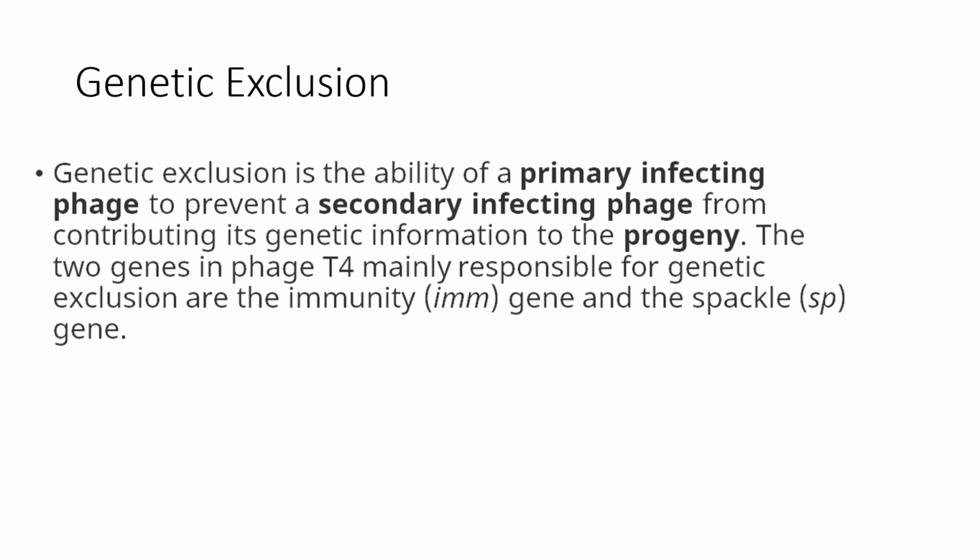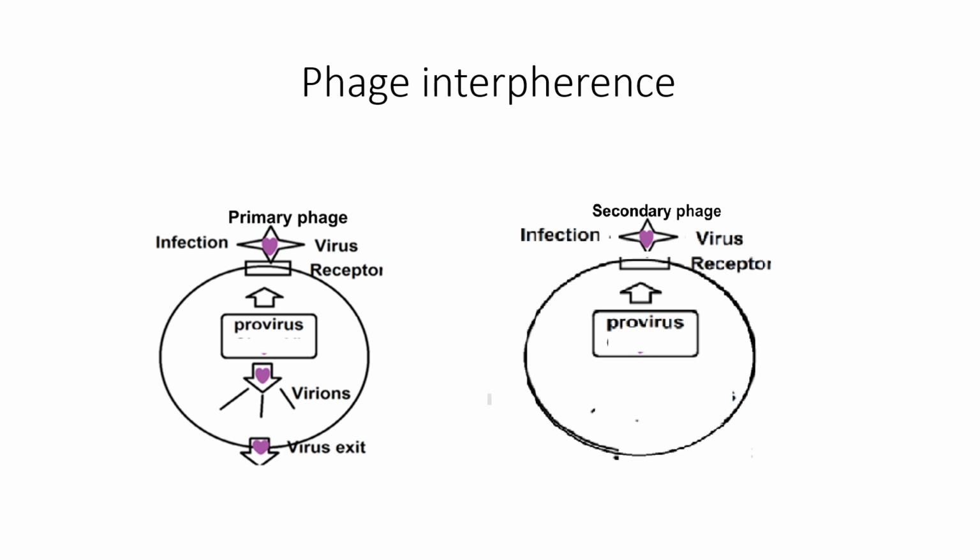The two genes in phage T4 mainly responsible for genetic exclusion are the immunity IMM gene and the speckle gene. So what does it mean? Here you have the experiment with phage interference.